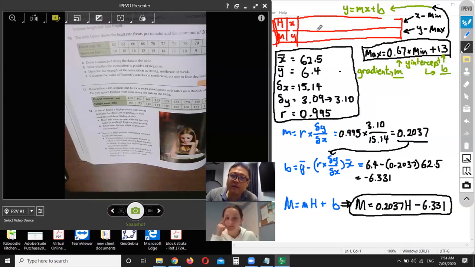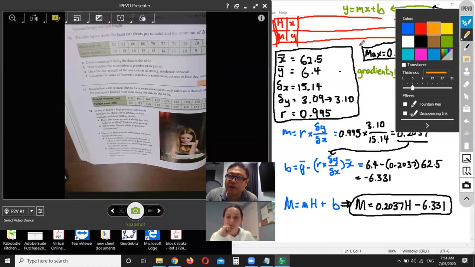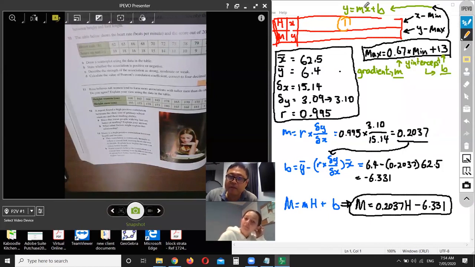So step 1 was put all the data into the calculator in the form of a table. Step 2, and I'll just do this actually, let's use a different color pen. Let's use orange. Okay, so step 1 was put all the data into your calculator. Step 2 was find your 5 statistical values.